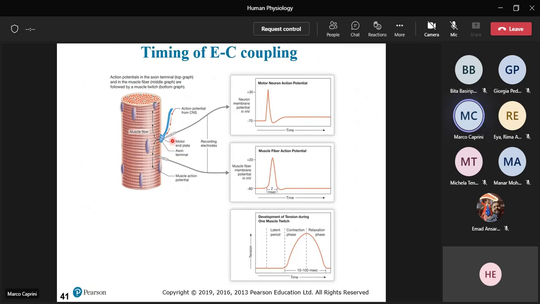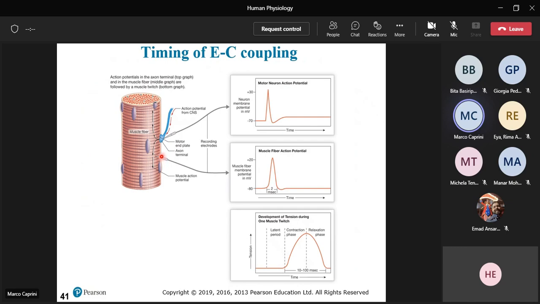Here is an important graph that's showing you the timing of the electrical and mechanical events during the EC coupling. Again, if I put an electrode here in the motor neuron or here in the muscle, I can record.